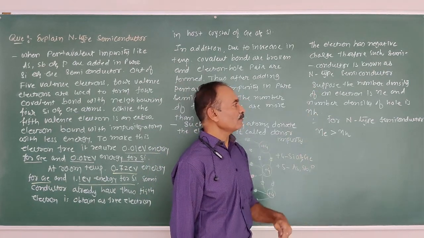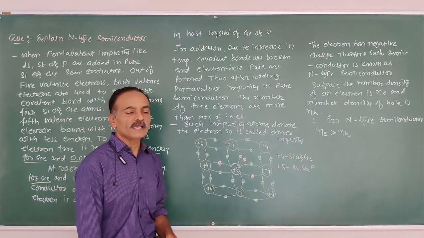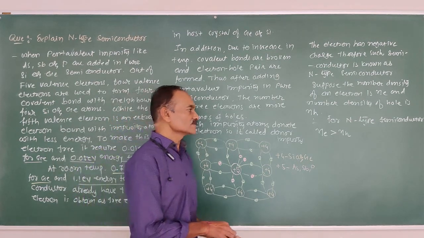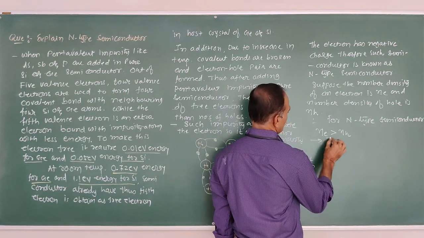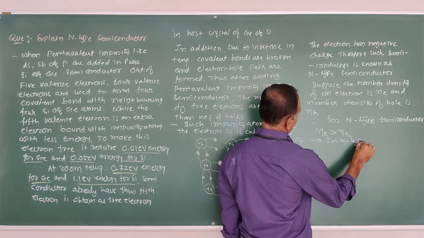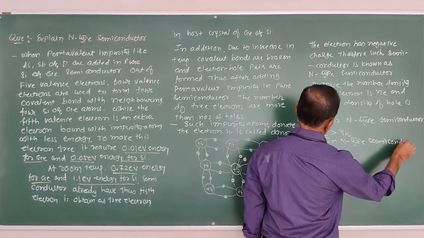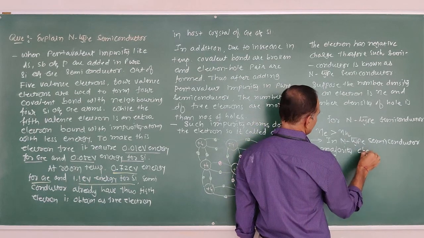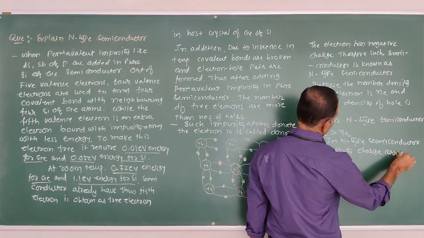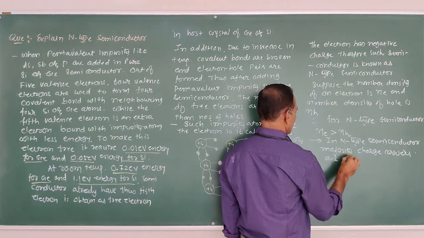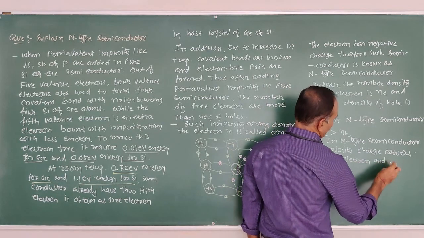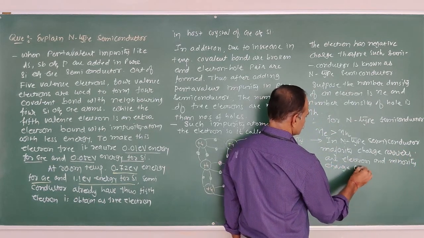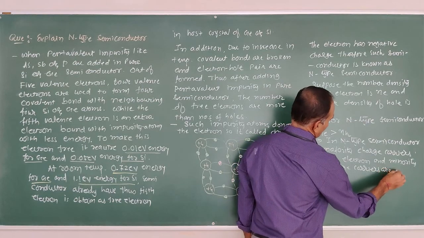Suppose the number density of electrons is Ne and the number density of holes is Nh. For N-type semiconductor, Ne is greater than Nh. The majority charge carriers in N-type semiconductor are electrons and the minority charge carriers are holes.